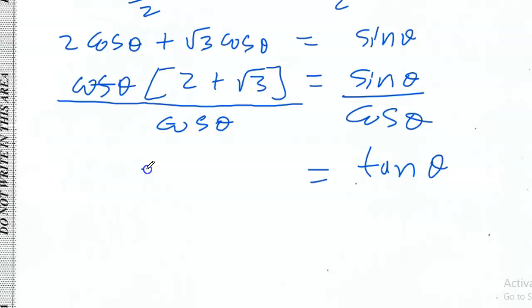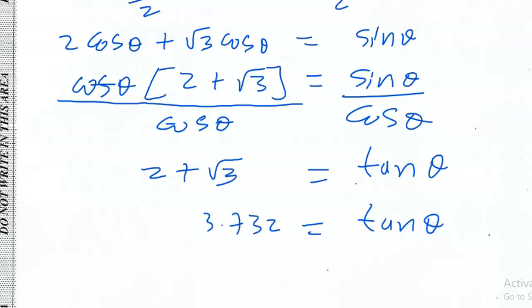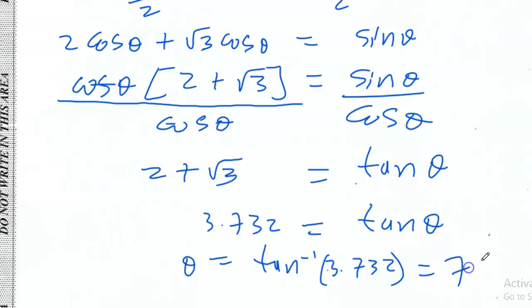So tan theta is 2 plus √3. Let's calculate the value of 2 plus √3, which means that theta would be equal to tan inverse 3.732, which is equal to 75 degrees to the nearest whole number.